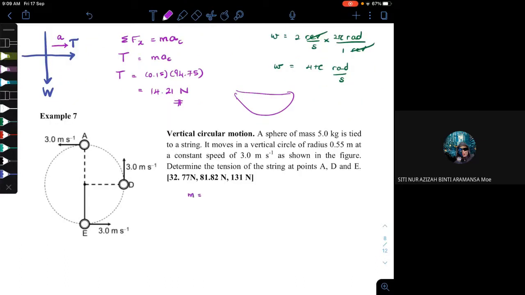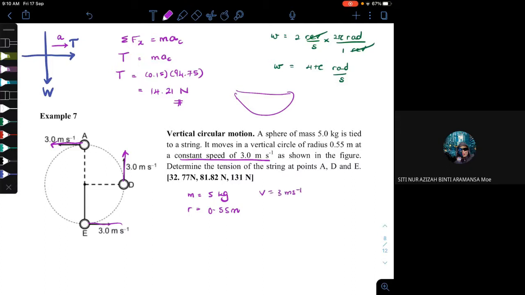Mass is 5 kilogram. Radius is 0.55 meter. And then dia cakap constant speed 3 ms negative 1. So ni adalah speed yang ni lah. Dia bagi kita nilai dia adalah 3.